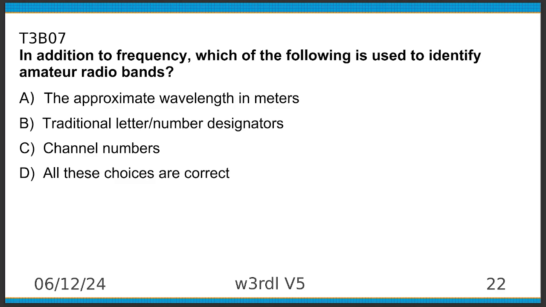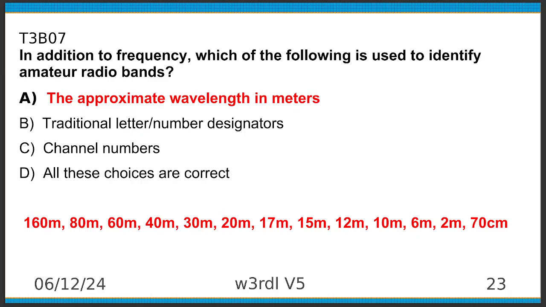In addition to frequency, which of the following is used to identify amateur radio bands? Alpha, the approximate wavelength in meters. And you'll see there's the 160.